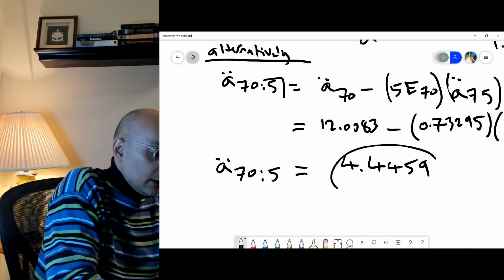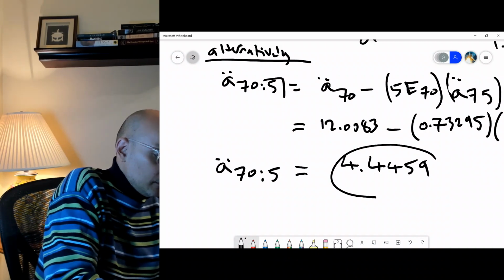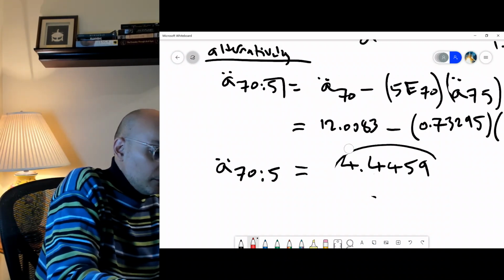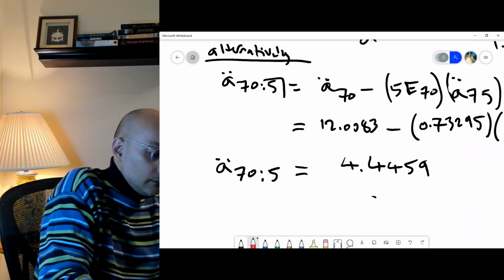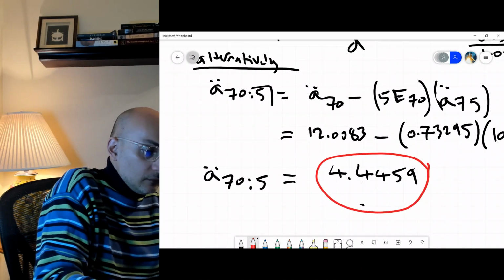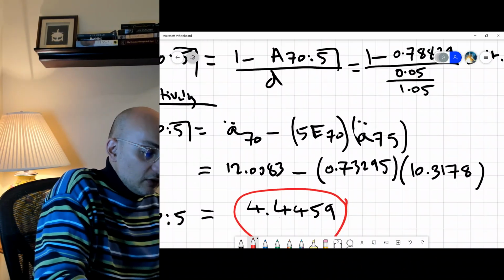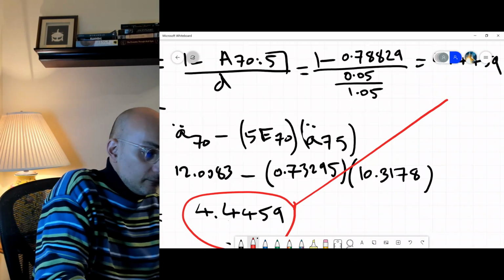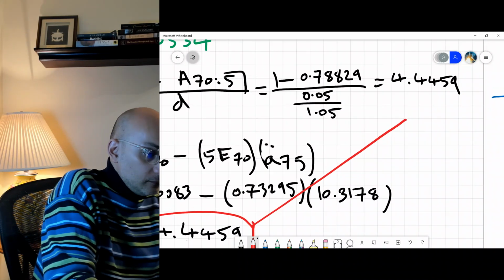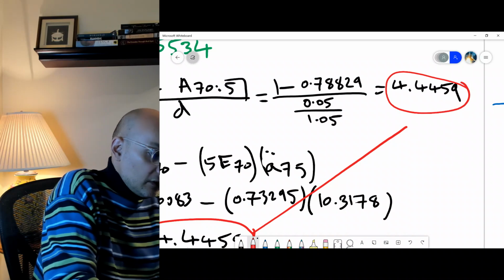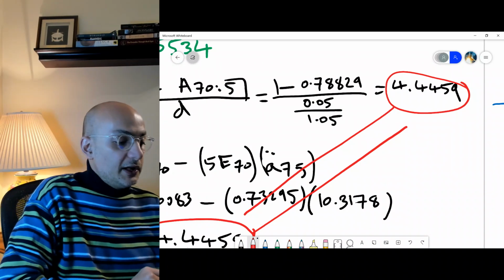So this one should be equal to the alternative way we did. Let's have an equal sign. Both of them are equal.